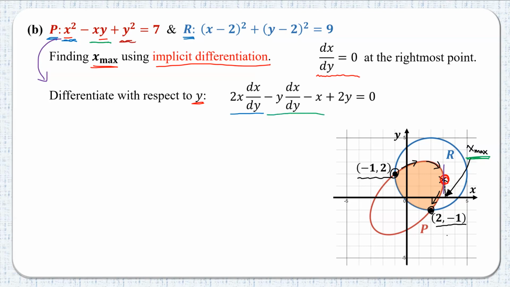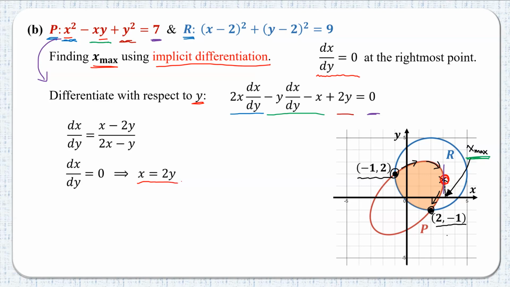And differentiating y squared gives 2y, and on the right hand side it is the differentiation of a constant, so it gives 0. From here, it is easy to obtain dx over dy is equal to x minus 2y divided by 2x minus y. When dx over dy equals 0, we have x equals 2y.